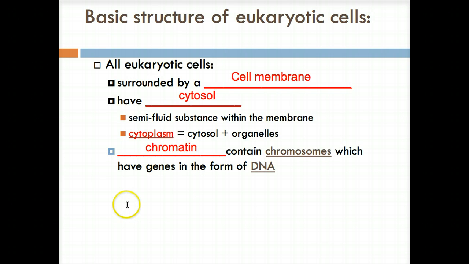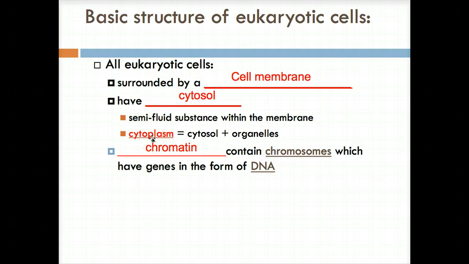Basic structure of your eukaryotic cell. So all eukaryotic cells contain a cell membrane, right, which is that membrane that surrounds the cell, protects it. They all have what we call a cytosol. So the cytosol is a semi-fluid substance within the membrane. So it's kind of the jelly-like substance that all of the organelles float around in. They all have also known as a cytoplasm.